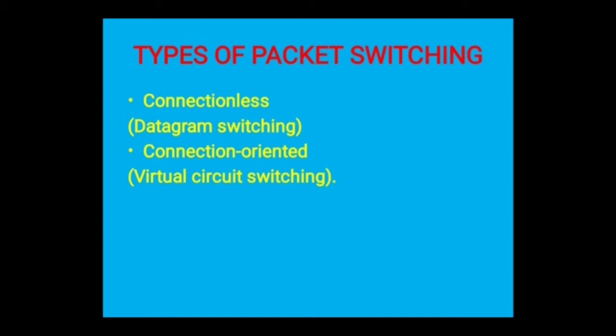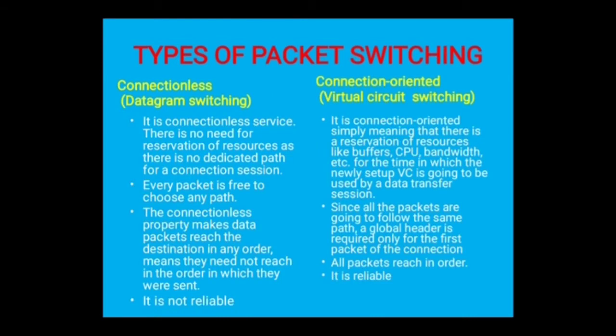And in virtual circuit, we will define a kind of virtual circuit which is not actually the original one, and my packets will follow those virtual circuits. So here is a differentiation between two different types. One is connectionless and one is connection oriented.